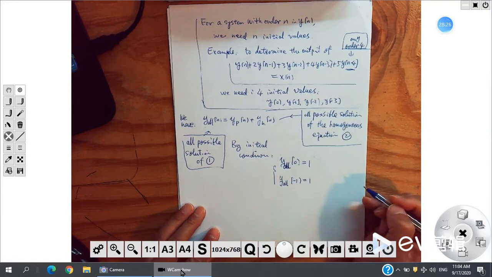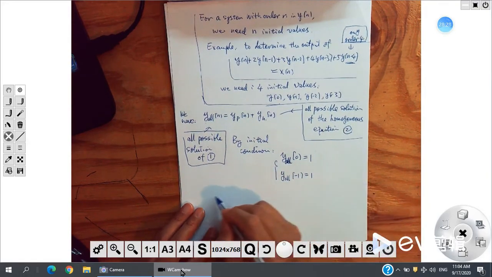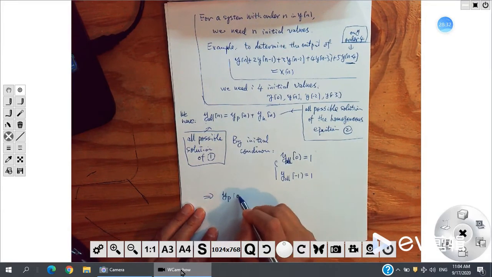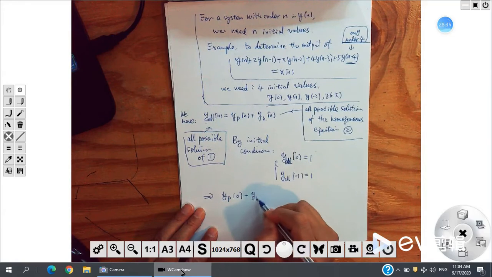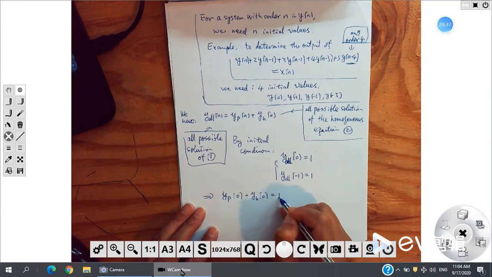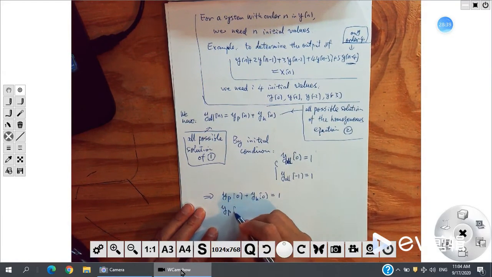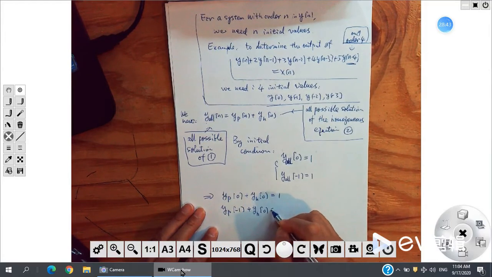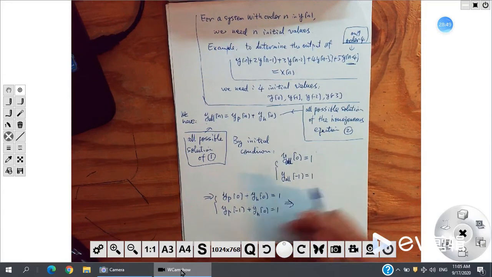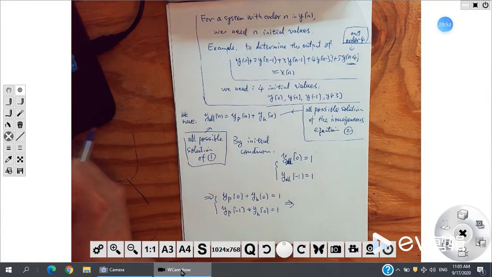We have this. Then we can have y particular 0 plus y homogeneous 0 equal to 1. Y particular at negative 1 plus y homogeneous of negative 1 equal to 1. We already solved this last time, so here I just copy the result.